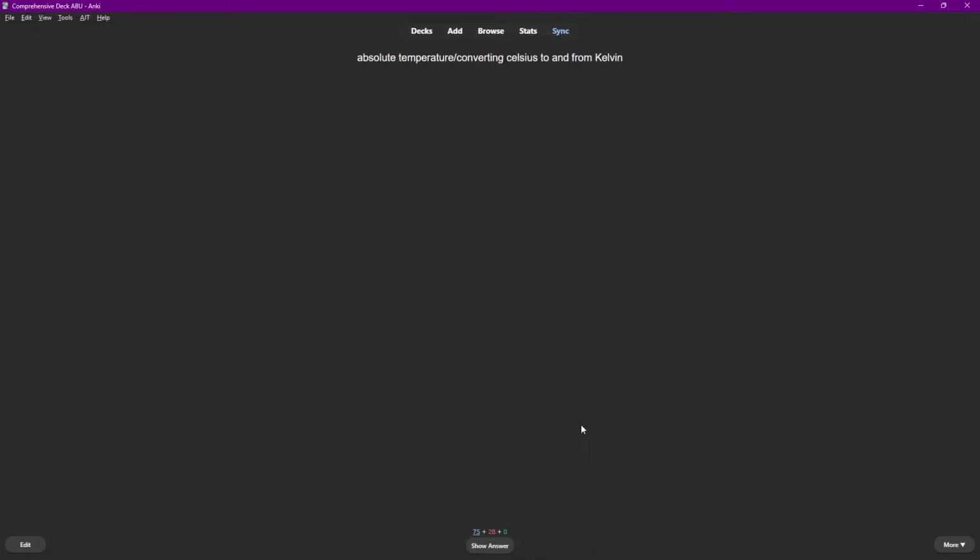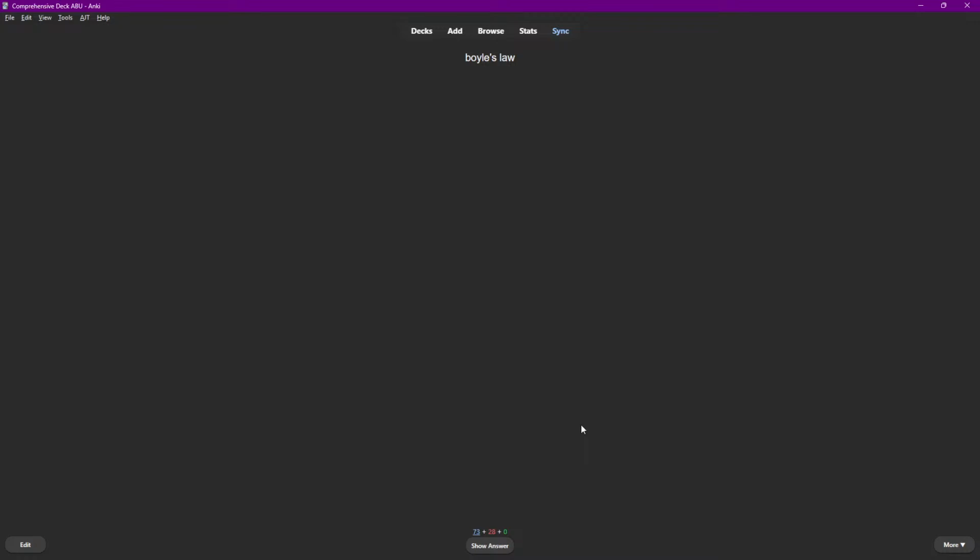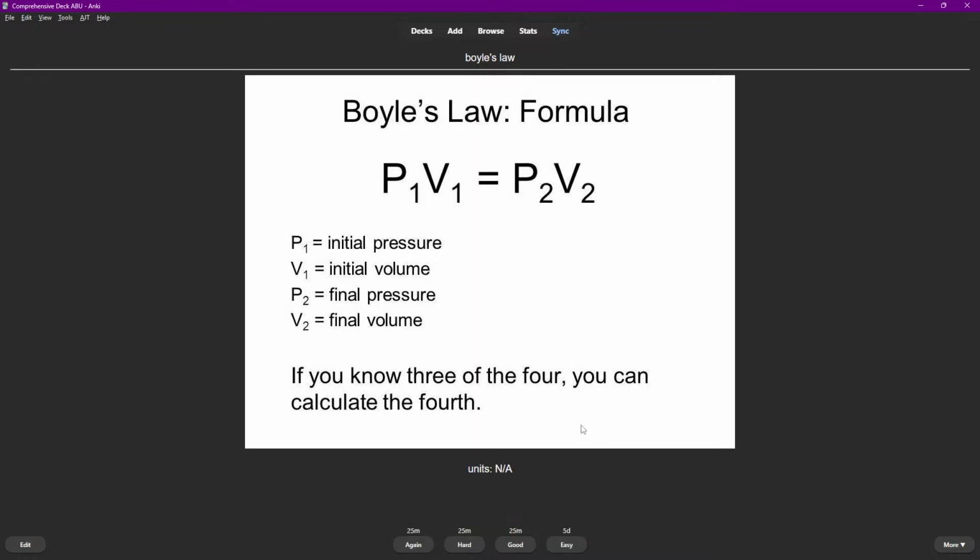Absolute temperature and converting Celsius to Kelvin. So 273 plus Celsius is equal to Kelvin. Pressure is force divided by area. Boyle's law. If you know 3 of the 4, you can calculate the 4th. Let me write that down.